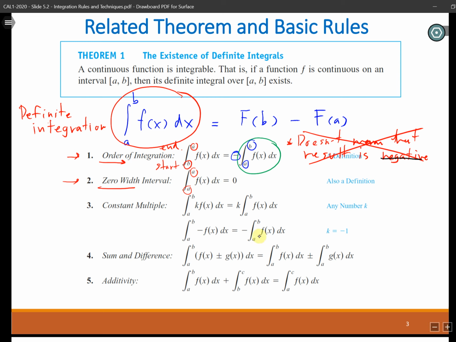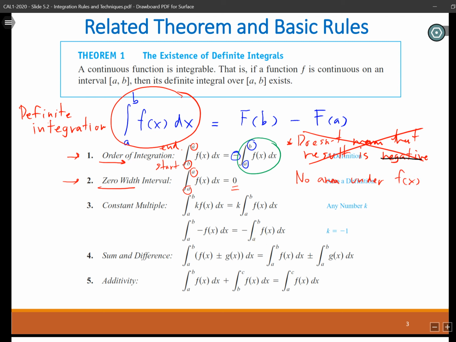So the area would come out to be 0, because there is no area under the graph f(x).